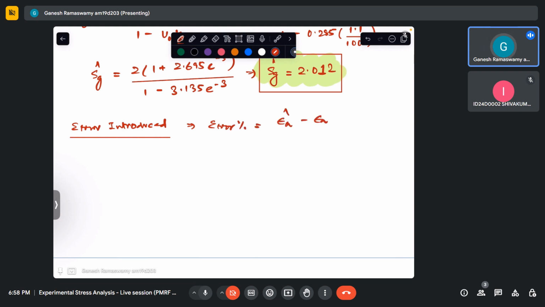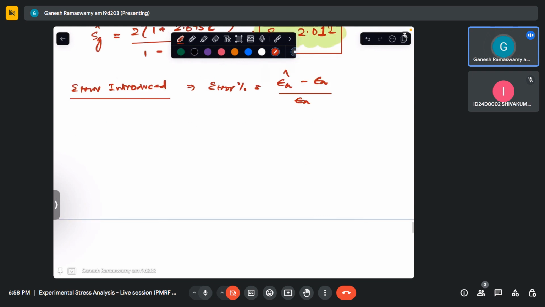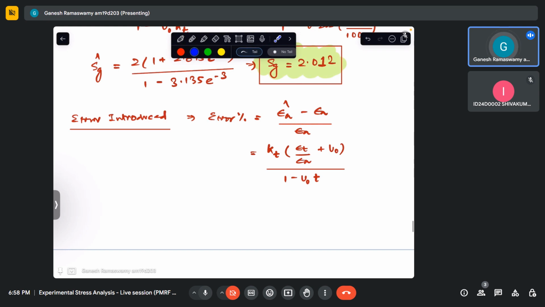the apparent strain minus the actual strain, divided by the actual strain, which in terms of Sg, in terms of the values, I get as Kt into epsilon T by epsilon A plus mu naught, divided by 1 minus mu naught Kt. How do we get this expression?